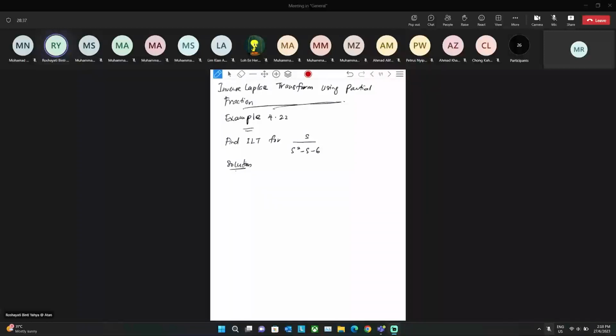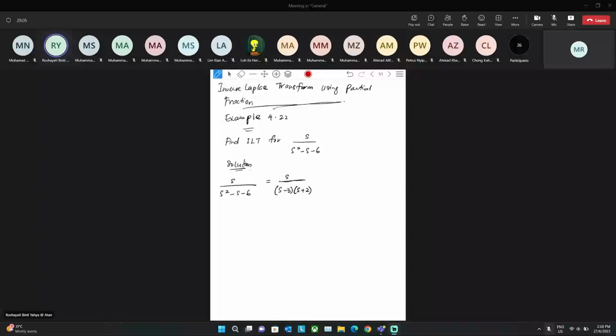The first step is to factorize the denominator. When factorized, you will get s over s minus 3 times s plus 2.